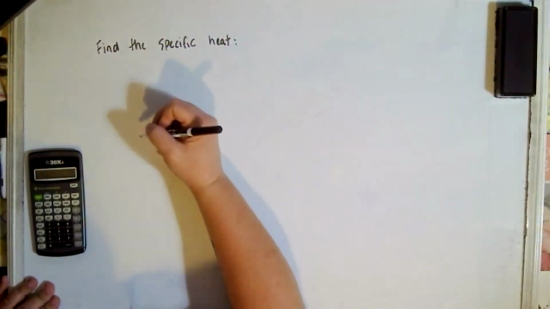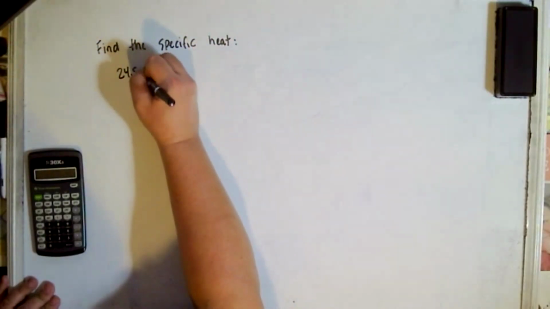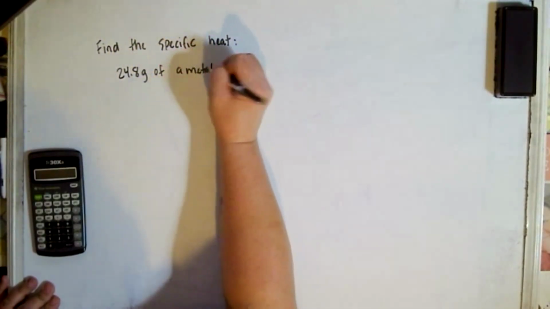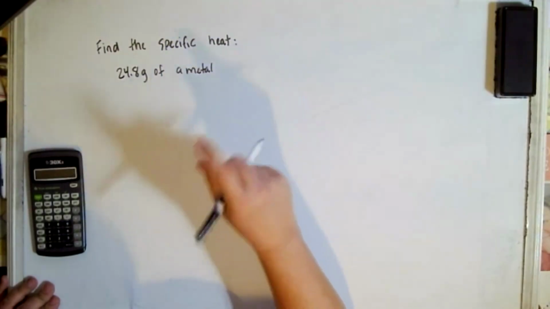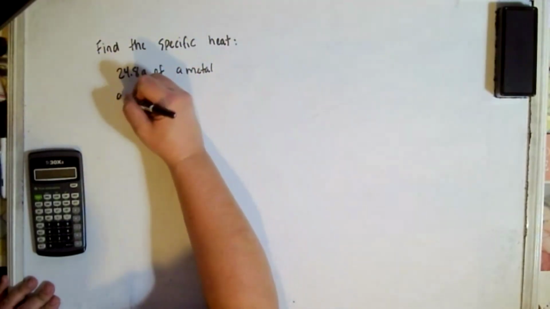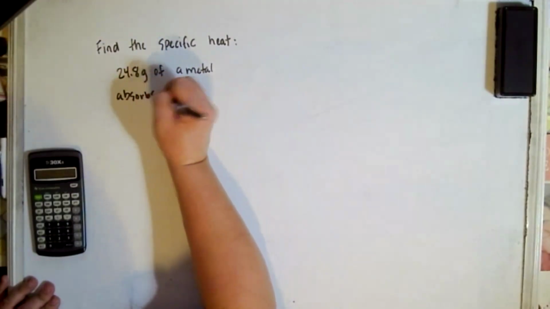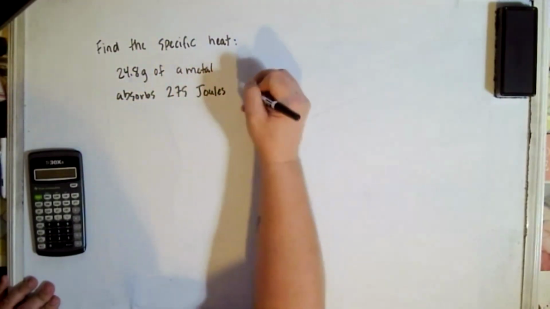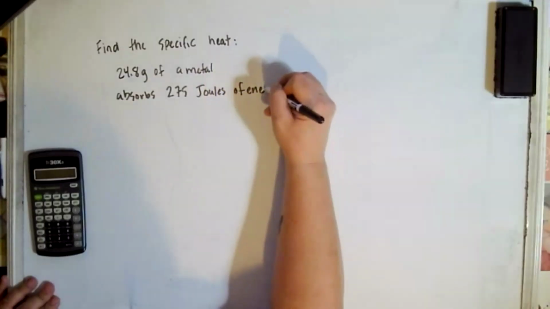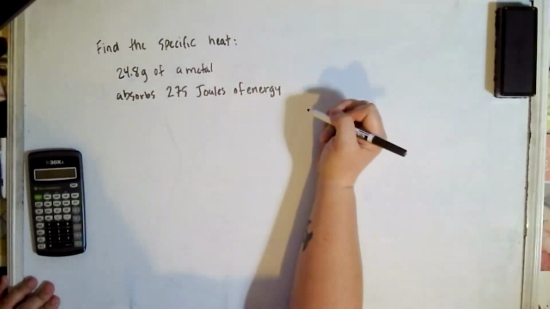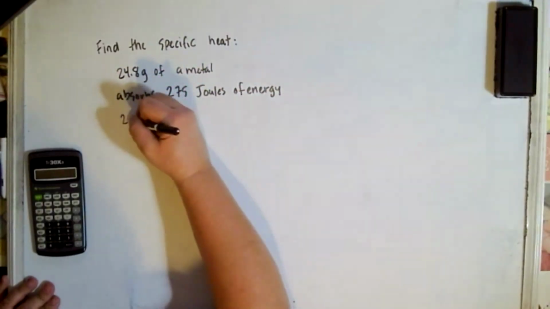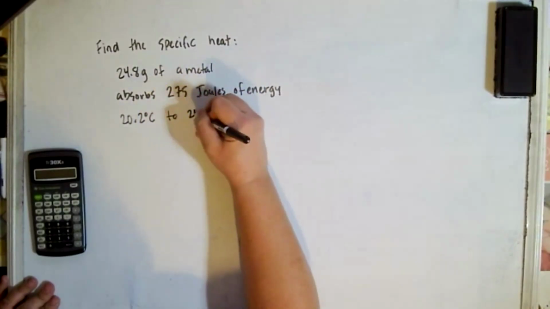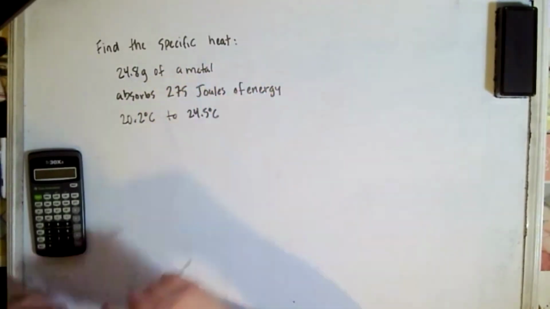They're telling us that we have 24.8 grams of a metal, and the metal absorbs 275 joules of energy. And the temperature rises from 20.2 degrees Celsius to 24.5 degrees Celsius.